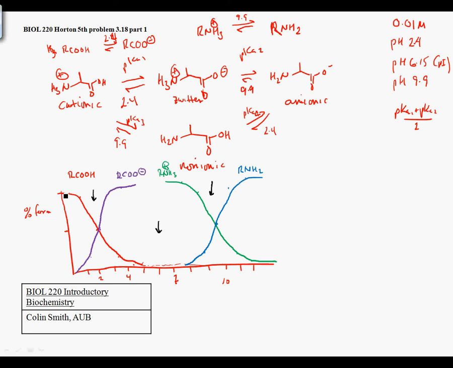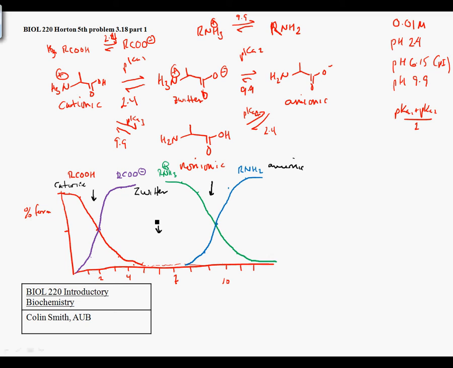So much below this, it's all the cationic form. As the pH increases, we get the carboxylic group ionizing to be a carboxylate. And until the ammonium group starts to deprotonate, we're going to have all zwitterionic here. So this regime is going to be dominated by the zwitterionic. Here we're going to have the cationic form, and here we're going to have the anionic form dominate.